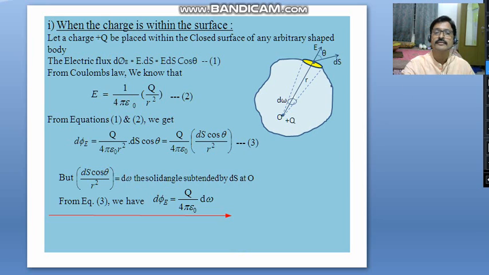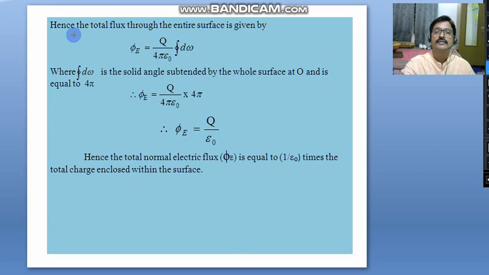Therefore the total flux through the entire surface, phi E, is equal to the integration of Q by 4 pi epsilon naught d omega. Here Q and 4 pi epsilon naught are constants, hence we can take them out from the integral, where we remain with Q by 4 pi epsilon naught times the integral of d omega.